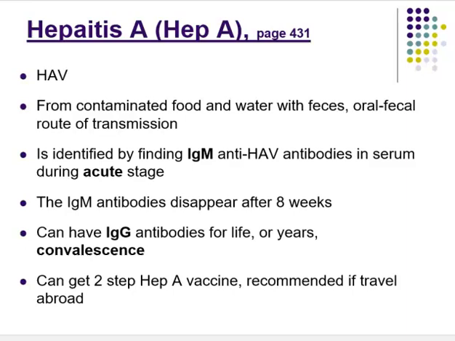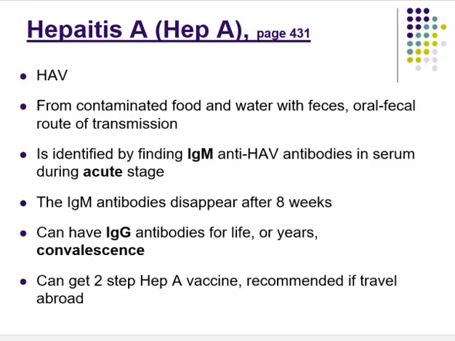Let's first talk about hepatitis A or Hep A. The common abbreviation is HAV. You can get Hep A from contaminated food and water, and it's usually contaminated with feces, so it enters by the oral-fecal route for transmission. It's identified by finding the IgM anti-HAV antibodies in serum during the acute stage.